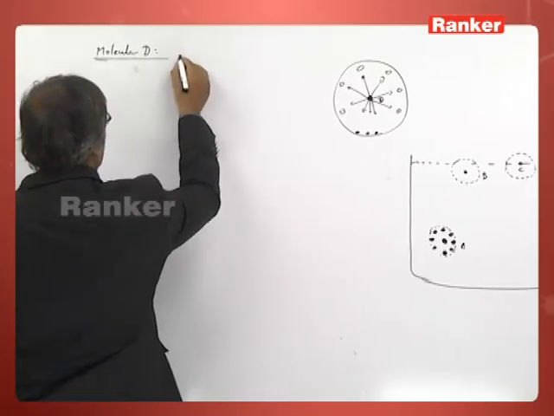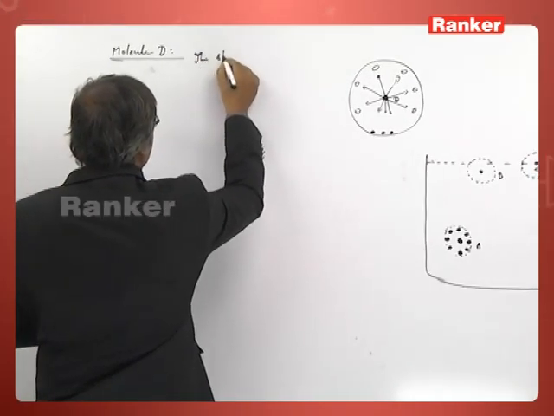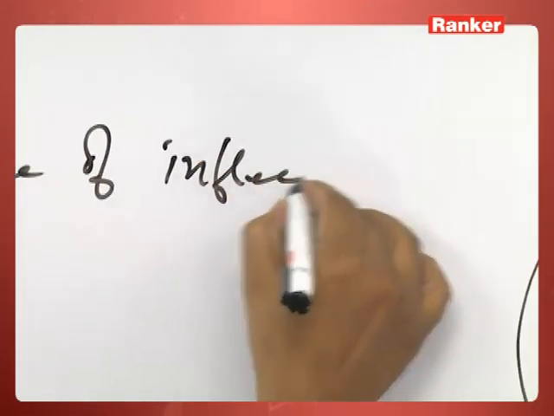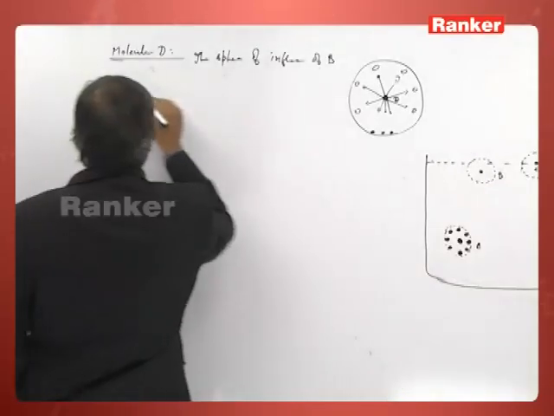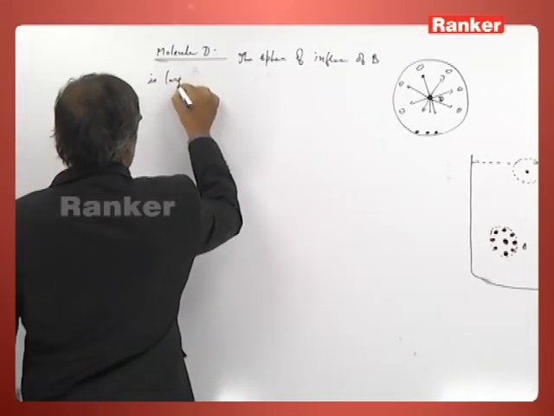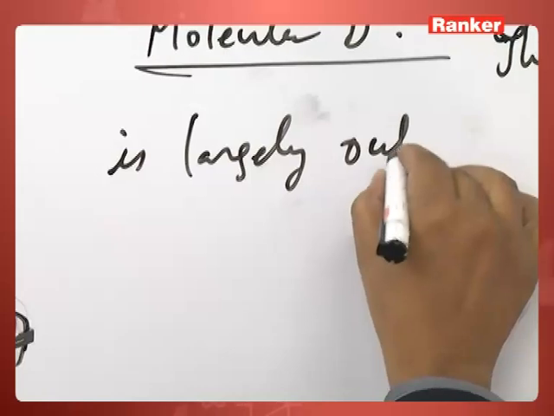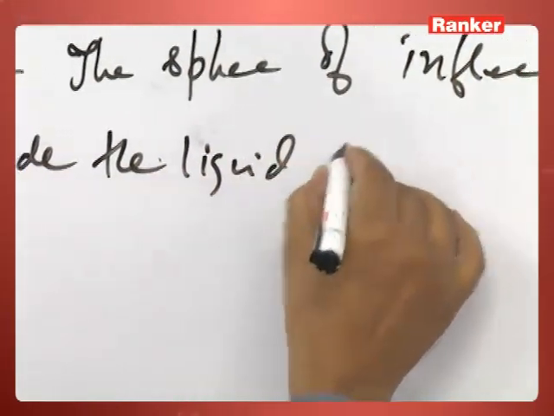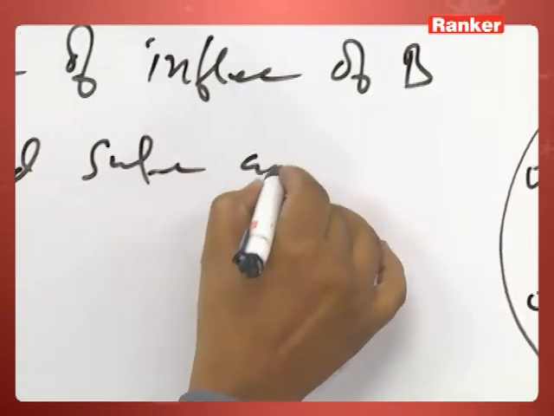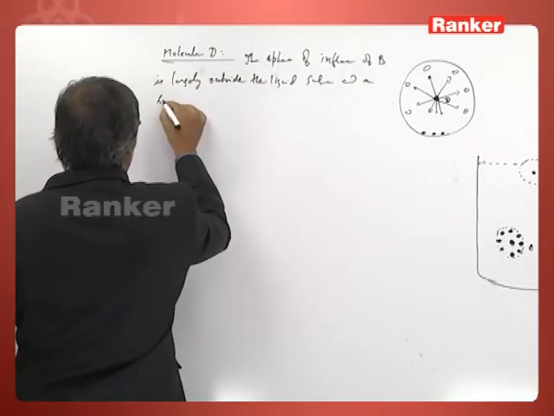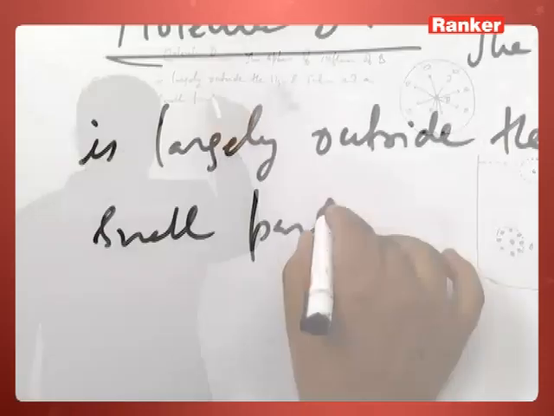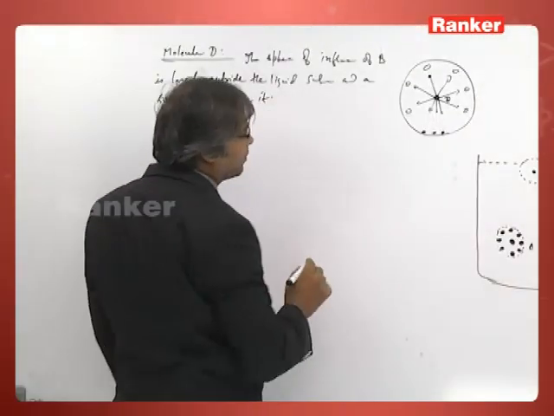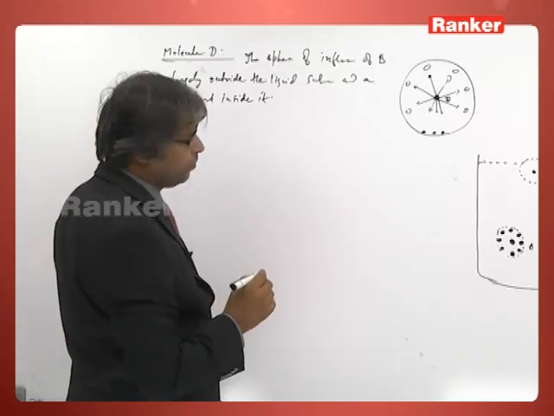The sphere of influence of D is largely outside the liquid surface, and a small part inside it.